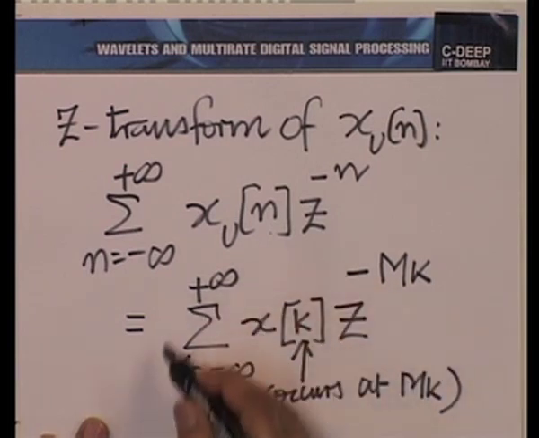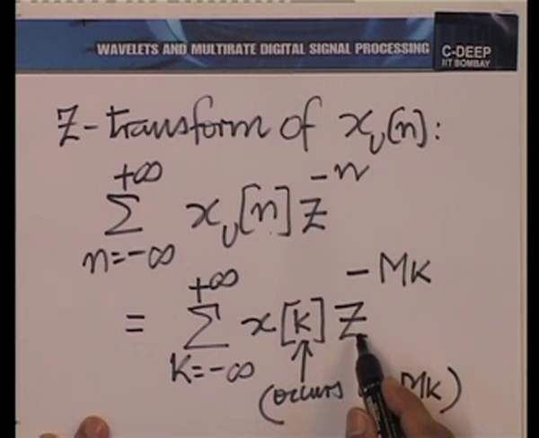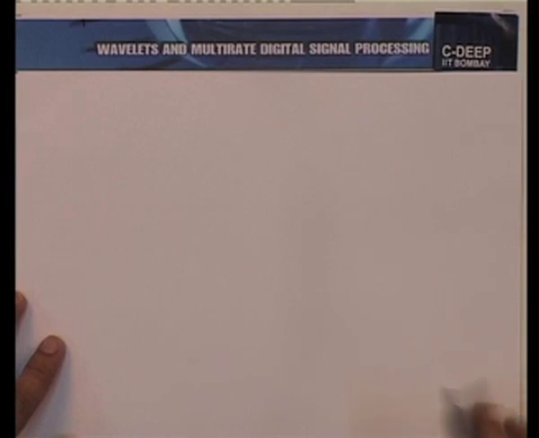Now, this is a familiar expression. This is very like the Z transform of x, except that you have replaced z by z raised to the power capital M. So, in fact, there we have a very simple relationship for X_u(z) to X(z).